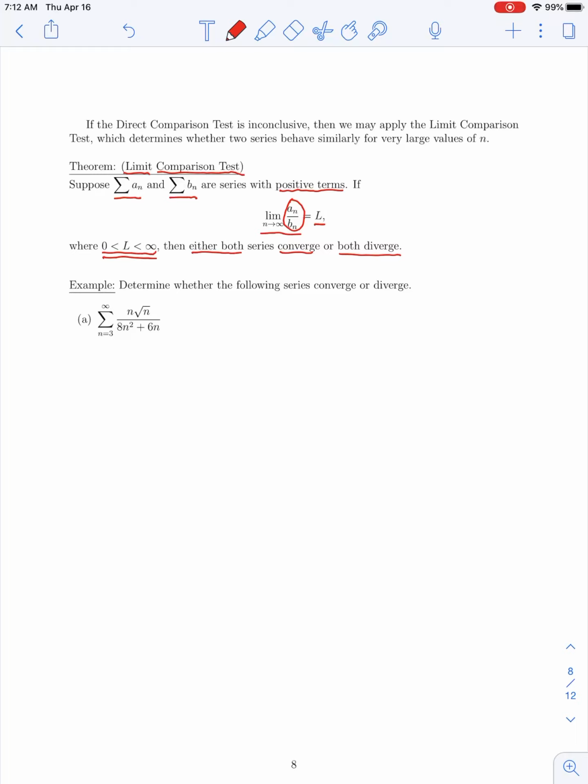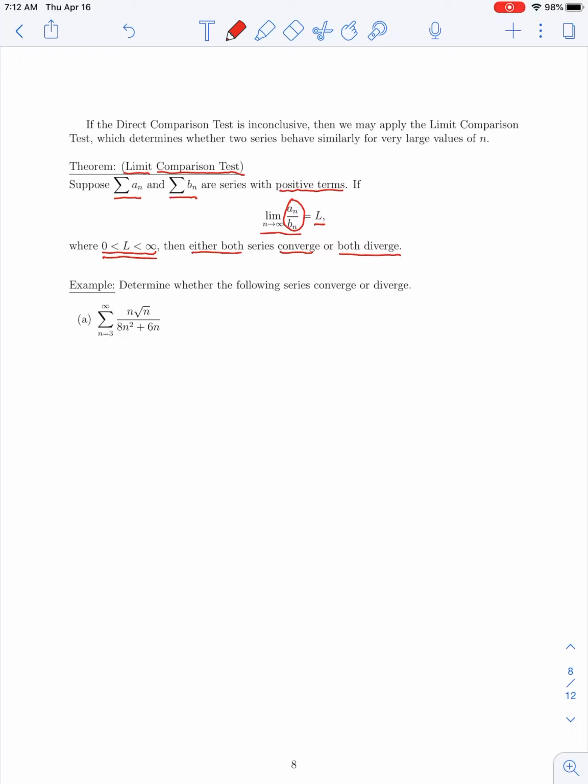direct comparison fails. So in this next example, part A, we're going to consider the problem we were just looking at, the sum from 3 to infinity of n square root of n over 8n squared plus 6n. And we said, well, this behaves sort of similarly to a p series, or it looks kind of like a p series. And how do we know which p series we're supposed to compare with?